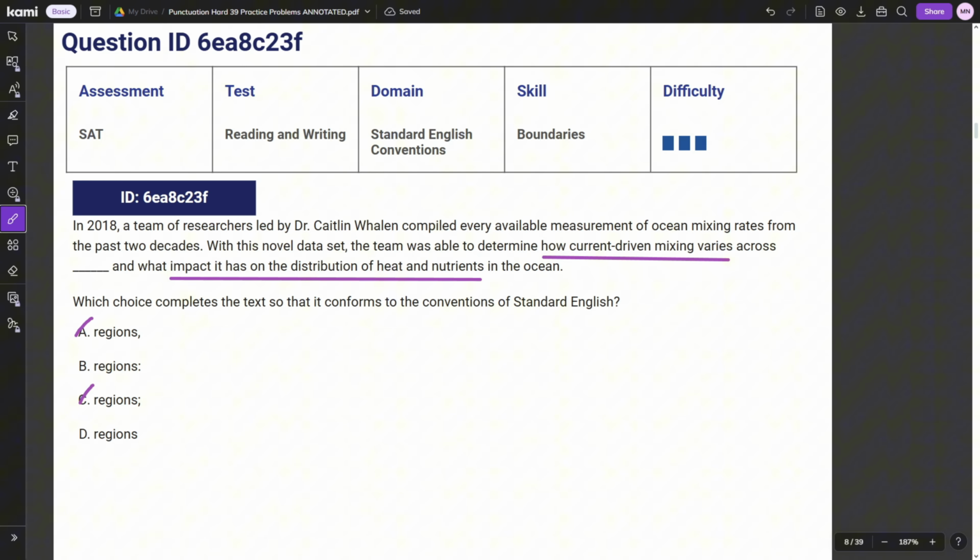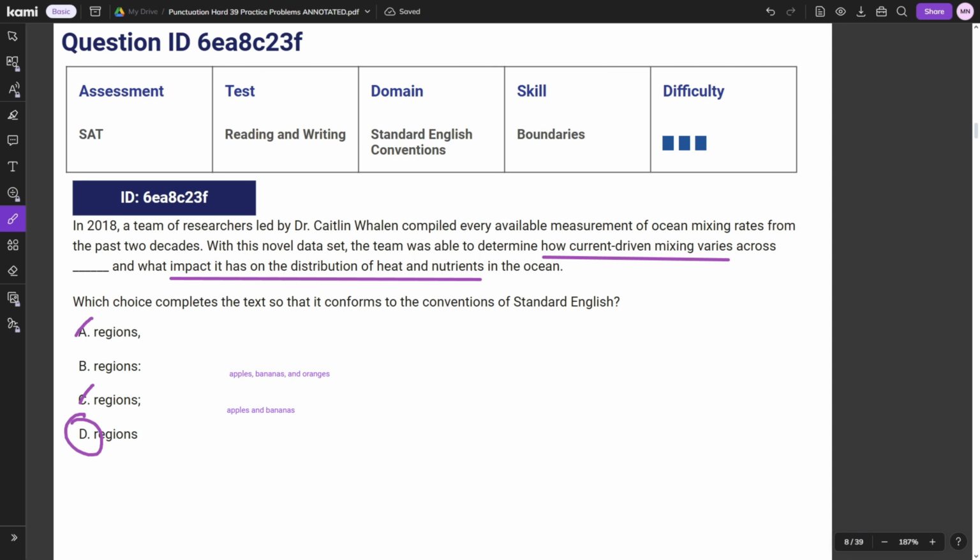Now in a list with 3 items, you need commas to separate each of the items. However, in a list with only 2 items, you don't need any punctuation at all. So this is going to be one of those small exceptions where you actually use no punctuation at all. So since our example in the text is a list with 2 items, our answer will be D because we don't want to use any punctuation.